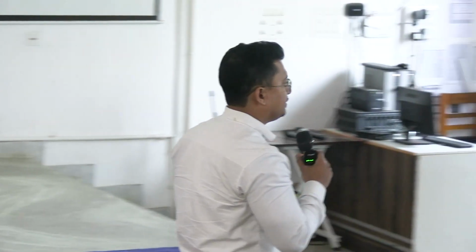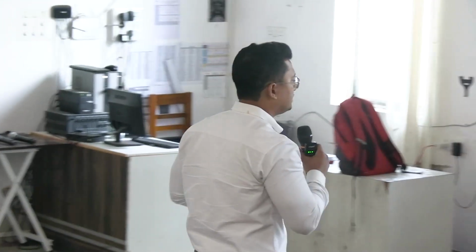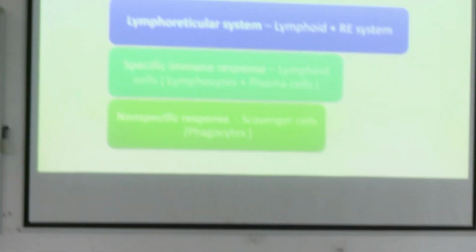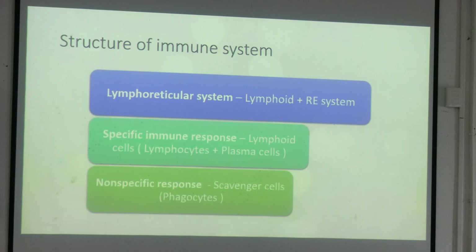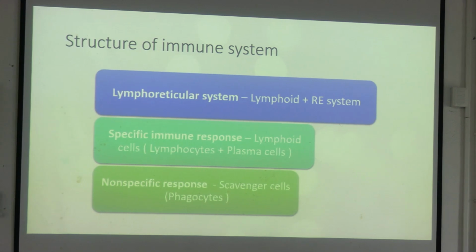One is a very specific response, the response that is only targeted to the antigen, or there are some responses which are non-specific, which will be present for all. The specific response will be mounted by the lymphocytes and the plasma cells, very important. The non-specific response will be targeted mostly by macrophages or the phagocytic cells.